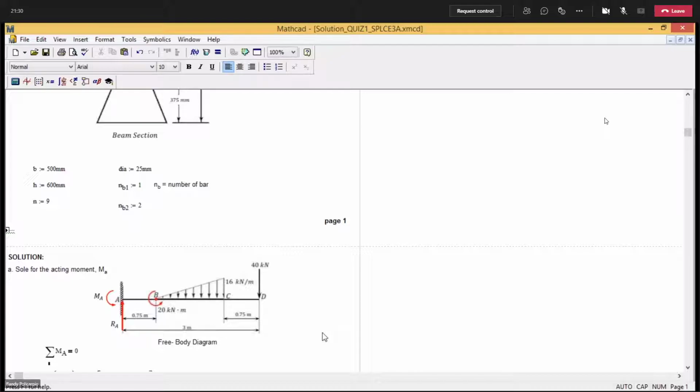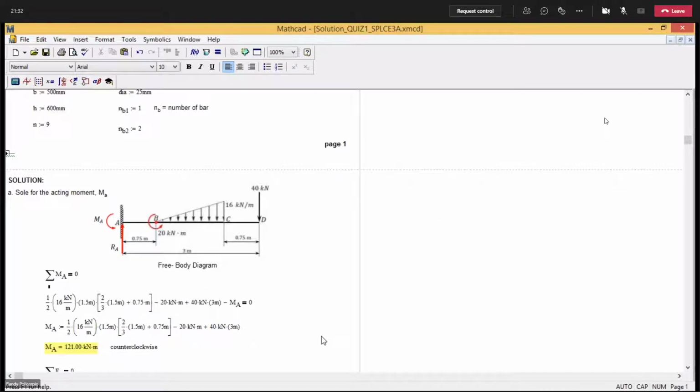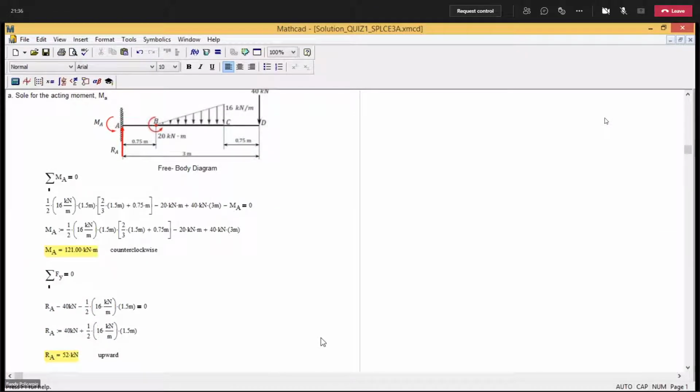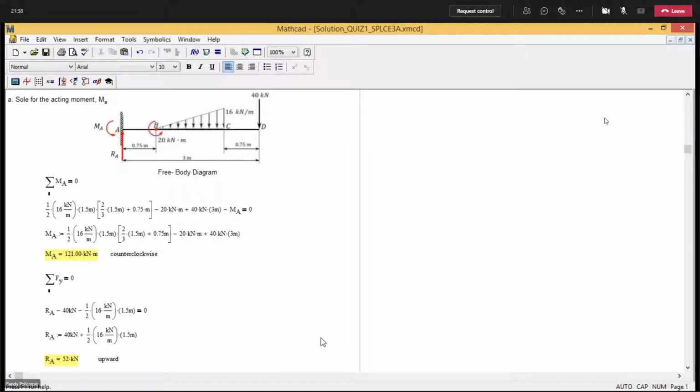Okay, so tandaan natin that when you solve for the unknown moment and reaction, you should present a free body diagram. Why? Because you are trying to assume direction. By the way, the direction of our moment here, which is positive, is clockwise, no? So hindi ko na nilagay, but it's actually clockwise.